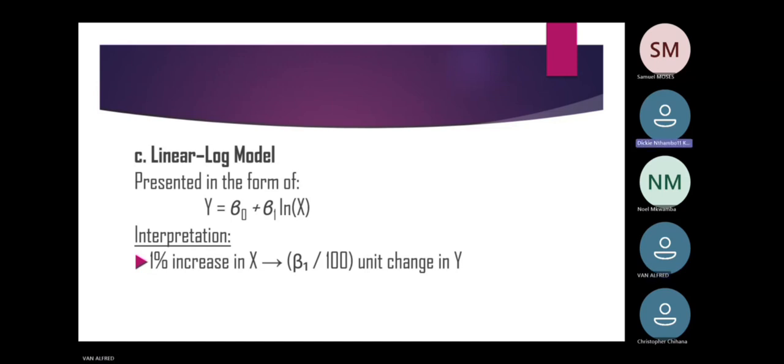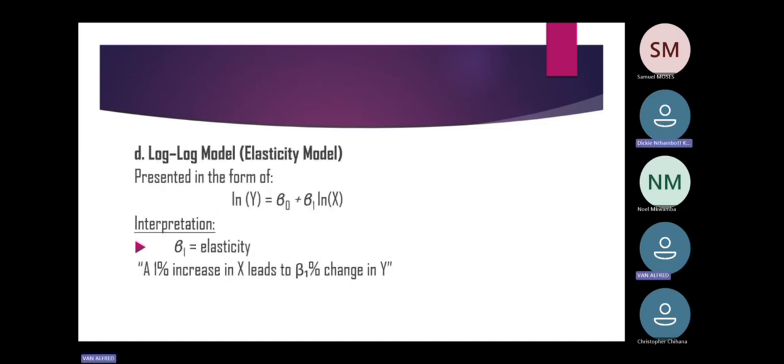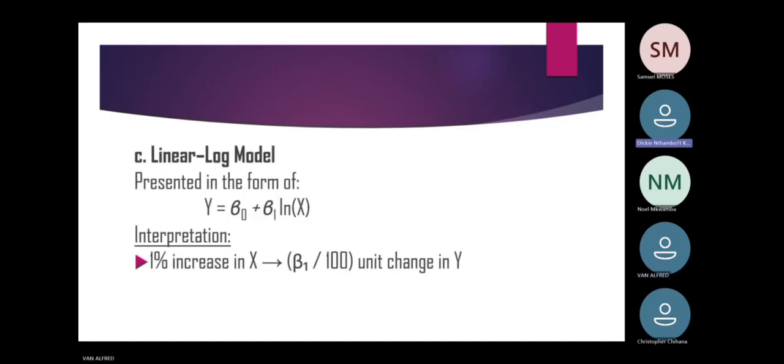To interpret this, we can say a 1% increase in x brings a change in our y, where our beta 1 is divided by 100. I'll say it again: a 1% increase in x brings a change in y, where our beta 1 is divided by 100.